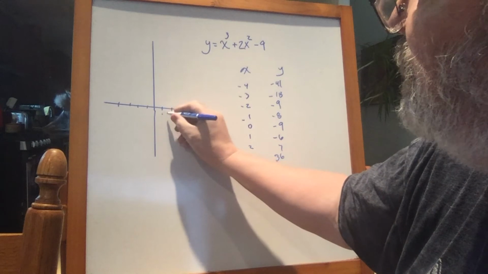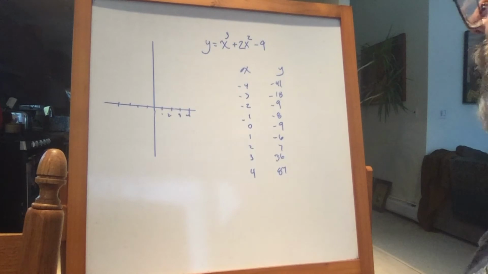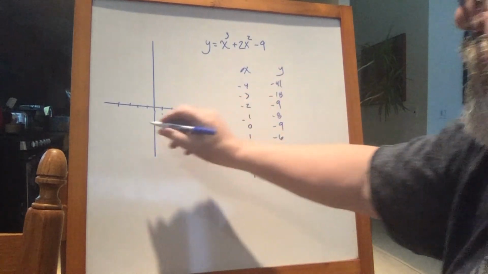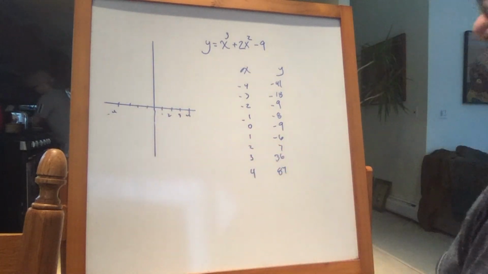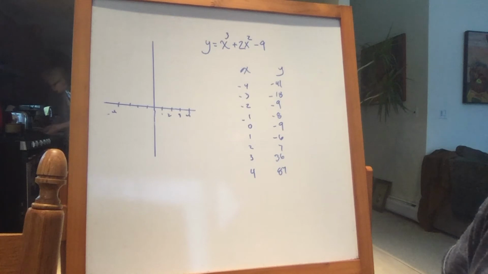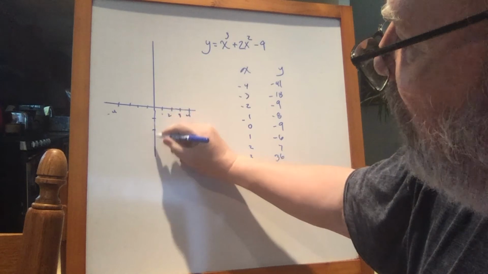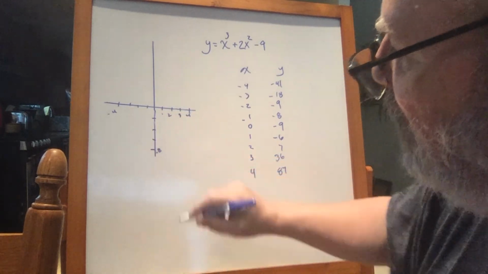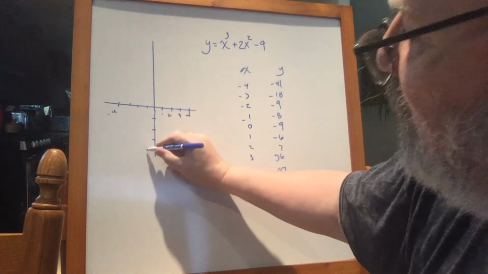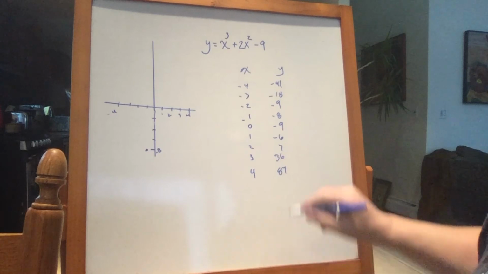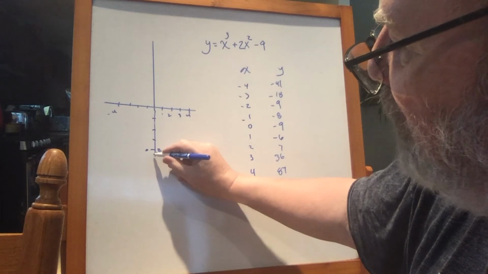You can see that plotting by points is awkward. So at minus 4, we're way off the chart down here. At minus 1, we're, let's say if this was 2, 4, 6, 8, minus 8. So at minus 1, we're down here. At 0, we're down here at minus 9.